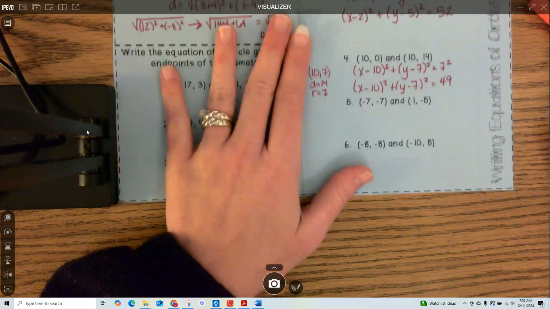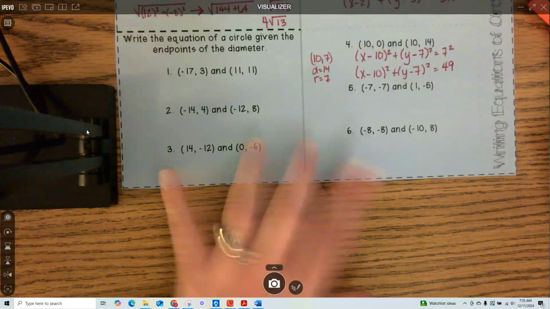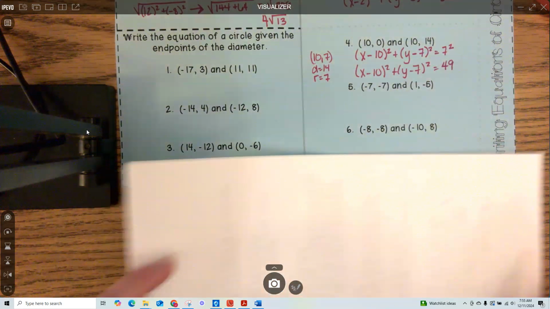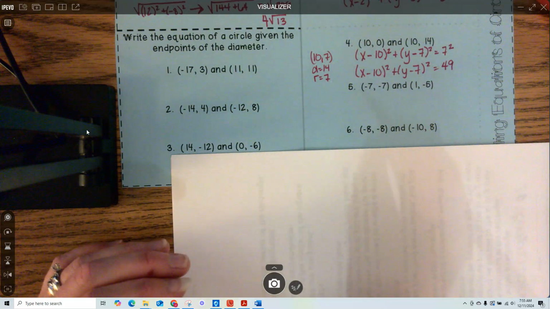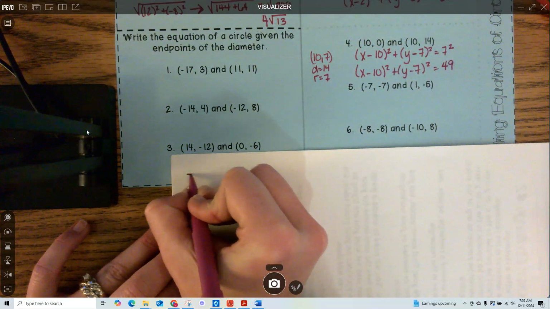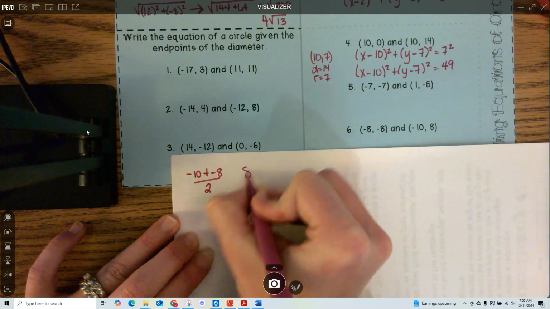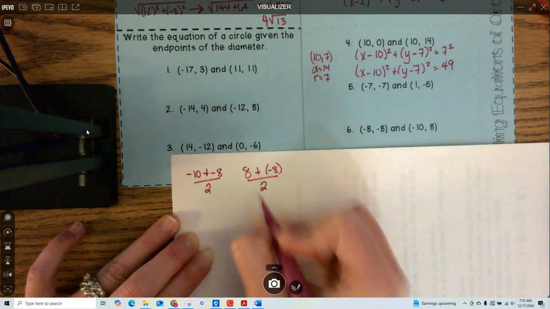All right, let's do one more of these. Let's do number 6. These are the endpoints of the diameter. The first thing I need to do is find the center. So negative 10 plus negative 8 over 2, and then 8 plus negative 8 over 2.